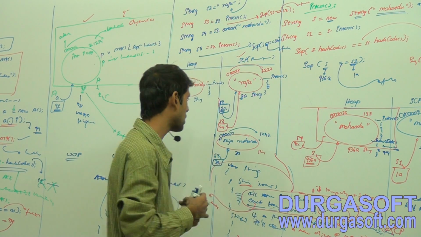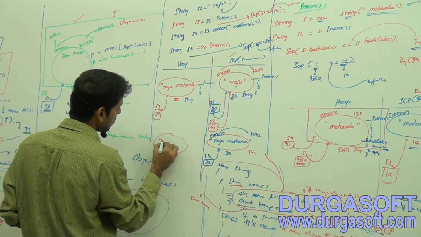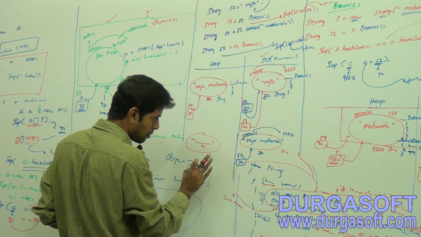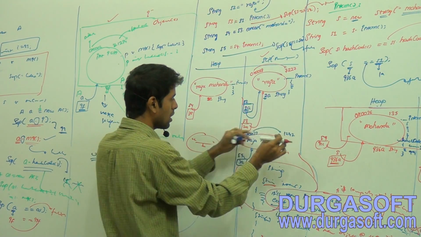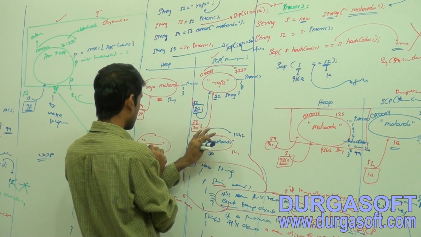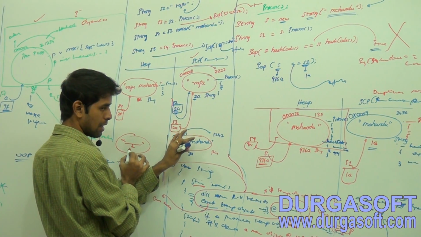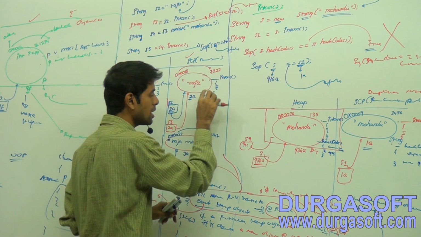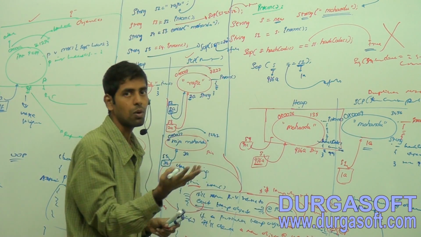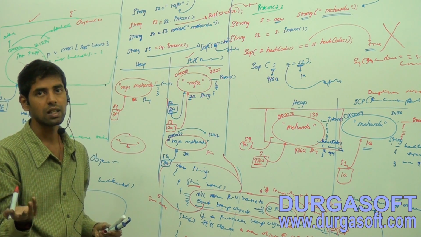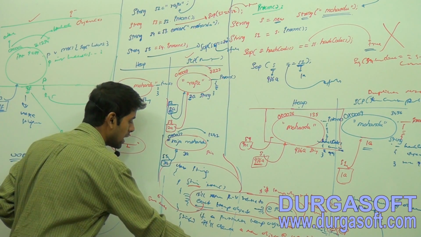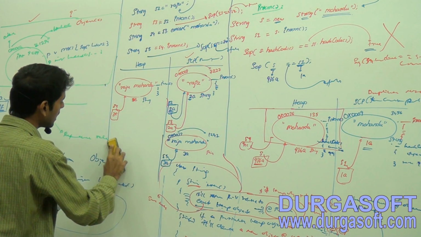What is the scenario, what is the condition? What will the intern method do? Simple thing: it will create a new object at SCP.